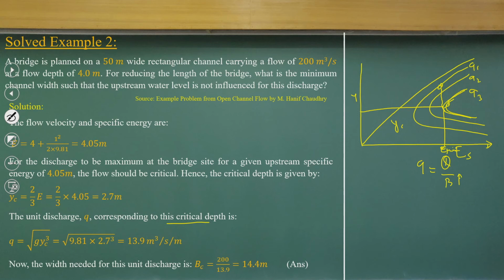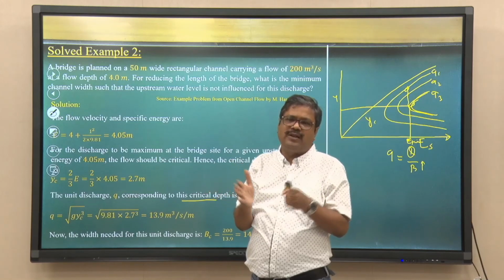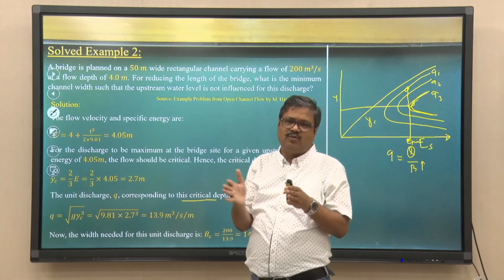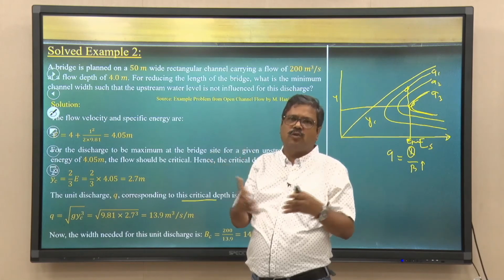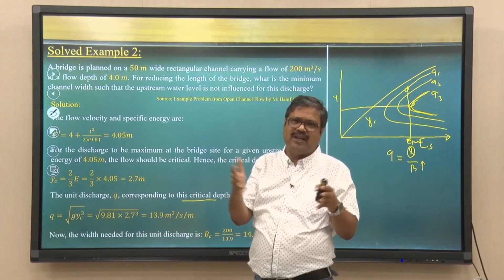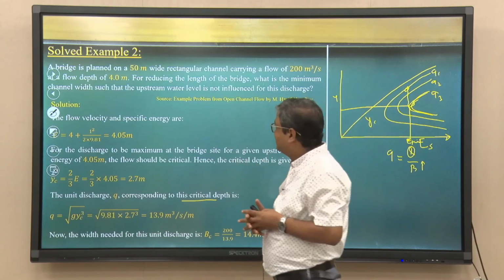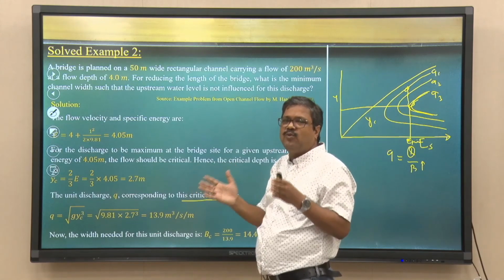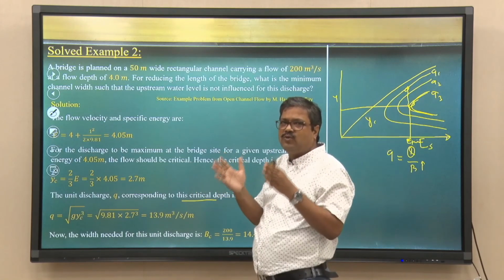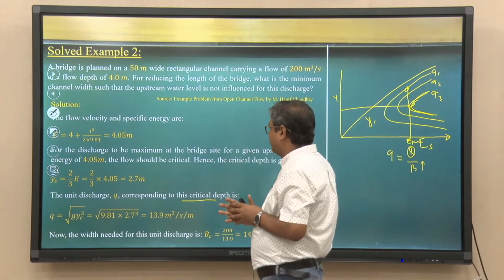So, when you are reducing the width of the bridge, you will come up to the critical depth. If you go beyond the critical depth, then choke conditions will happen, which we can try to understand in more detail in higher classes. To avoid that, we try to maintain that the flow should go at most to the critical flow level.